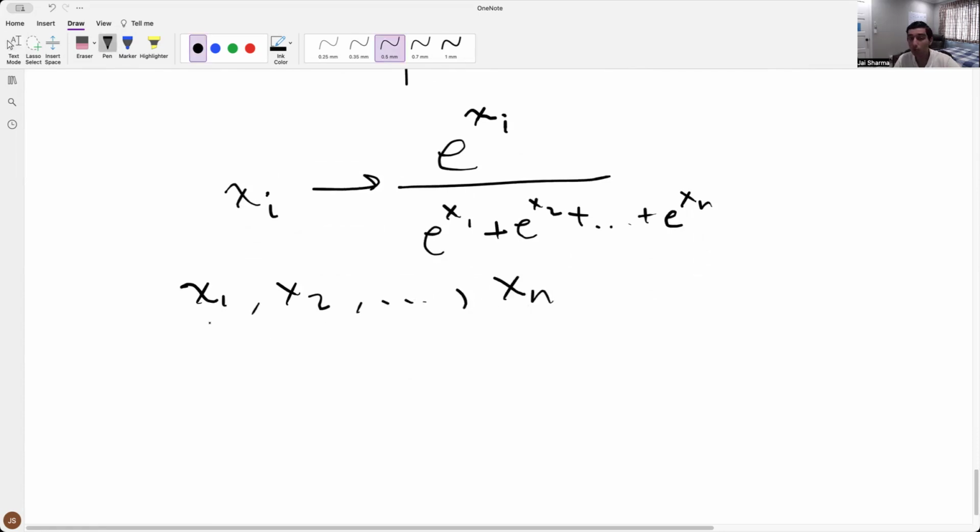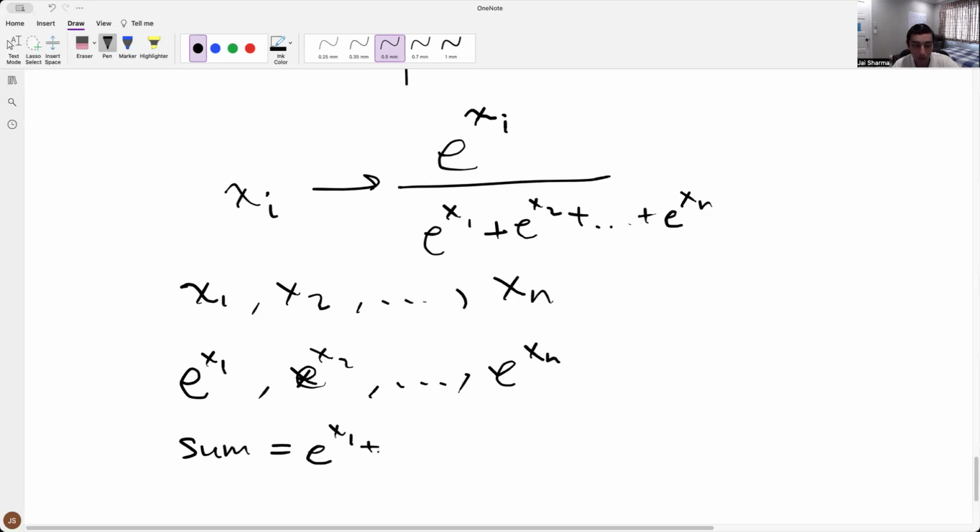We could divide by the sum, but before we do, we're going to transform all of these numbers into e to the power of x1, e to the power of x2, and all the way to e to the power of xn. Then we'll divide by the sum, where the sum is e to the power of x1 plus dot dot dot all the way to plus e to the power of xn.